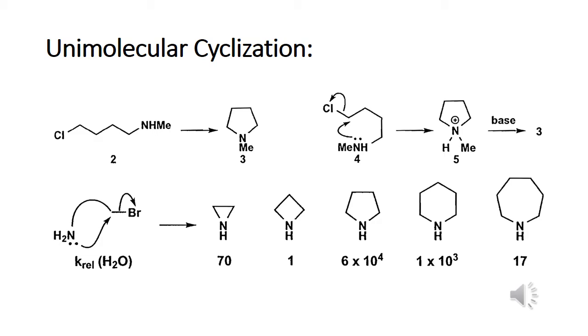Five-membered rings are formed fastest, then six-membered and three-membered rings, while four-membered rings are formed very slowly and seven-membered rings are formed quite slowly. So there is a different rate of formation for different types of rings. Three- and four-membered rings are unstable because of angular strain. You might have studied Baeyer strain theory.